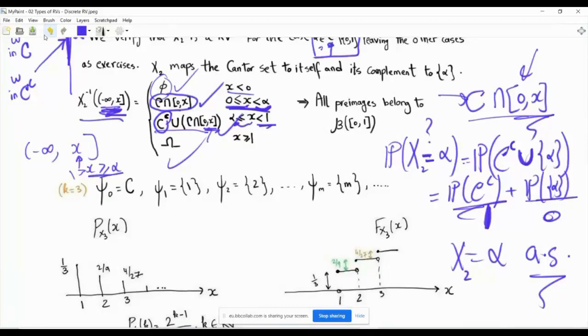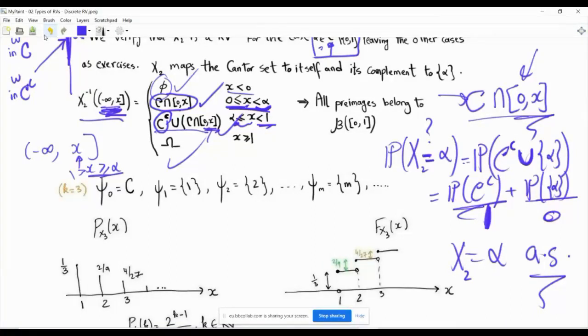The definition is this: X is a discrete random variable if it takes finite or countably infinite values almost surely. So the probability that X belongs to a finite or countably infinite set on the real line should be 1. This does not necessarily mean that big X does not take other values. It may take other values, but for those other values, the probability is 0.